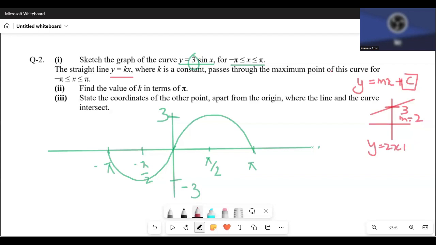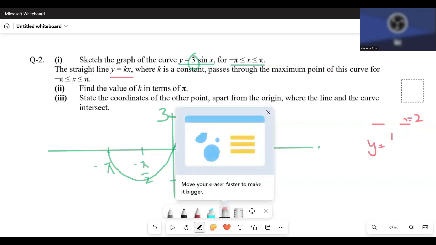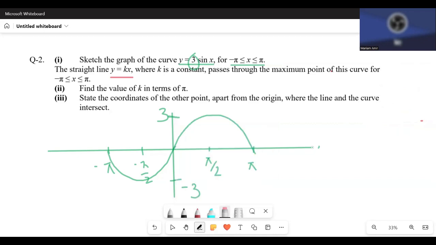Anyway, this question says that the equation of the straight line is y equals kx plus 0. So that means that the y-intercept is 0, so the line is going to cross the origin.